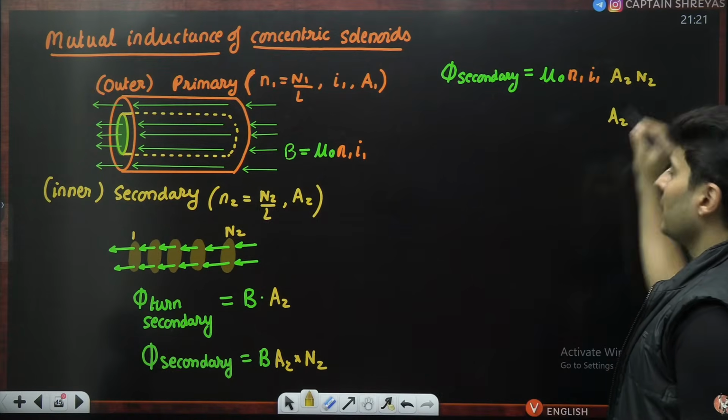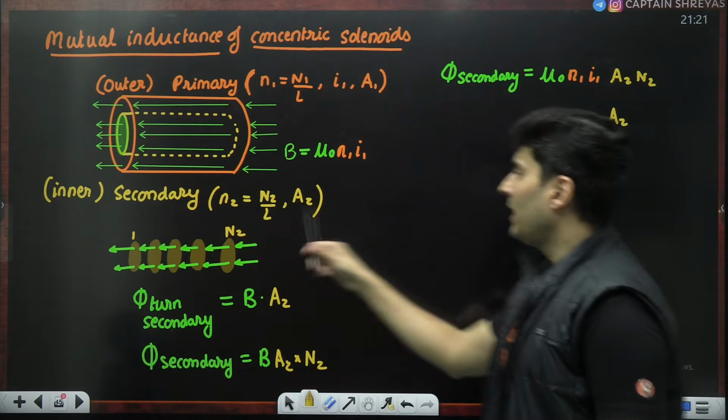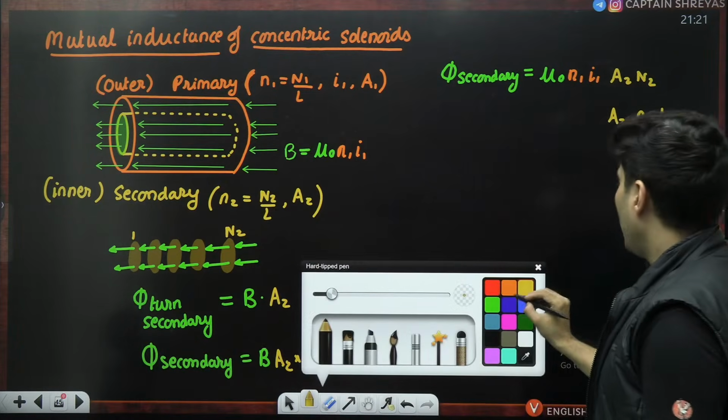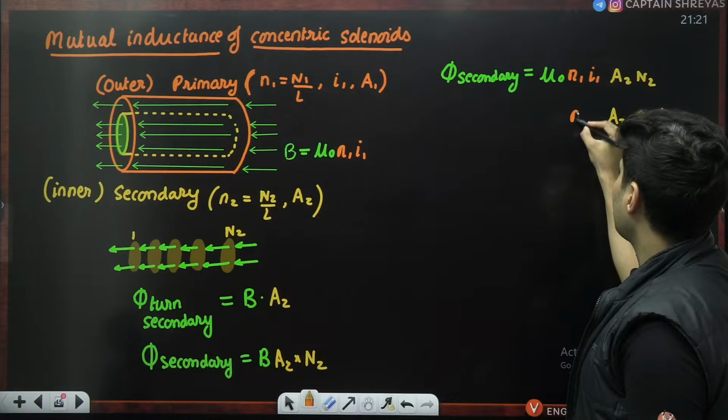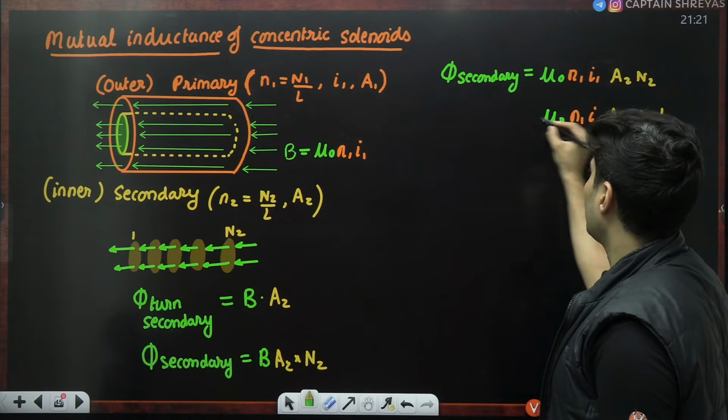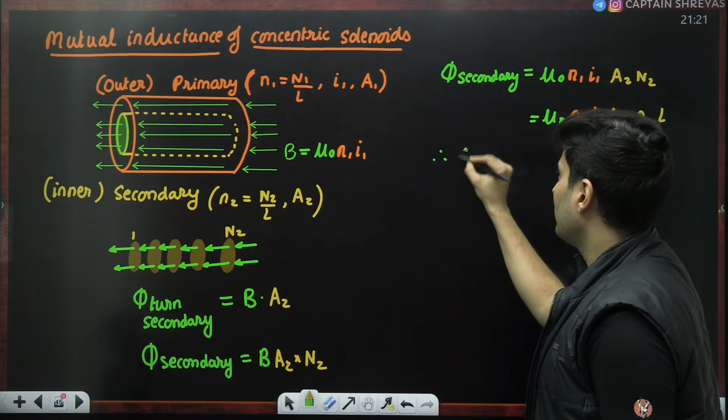But I don't like N2. Instead of N2, I'll write small n2 into L. And this is as it is: this is N1, this is I1, and this is nothing but mu naught. I will now rearrange it further.